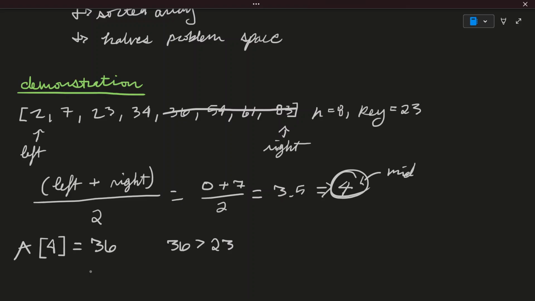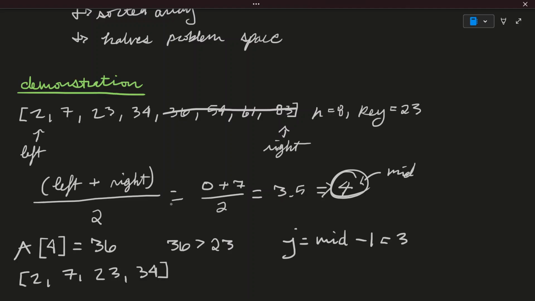We set our j to the new endpoint of our subarray. So j is now set to the value of mid minus 1. So it is now at 3. So our new array is 2, 7, 23, and 34.